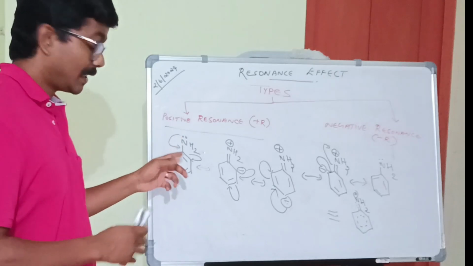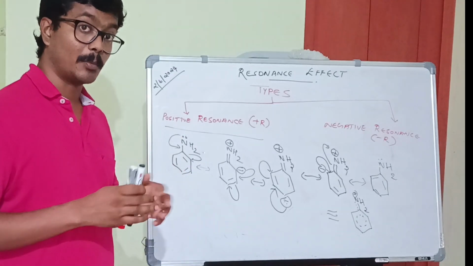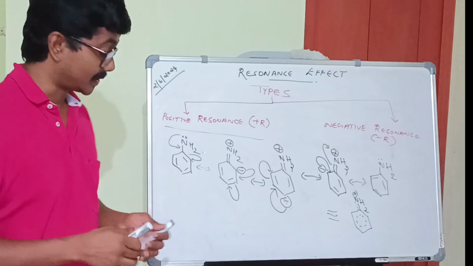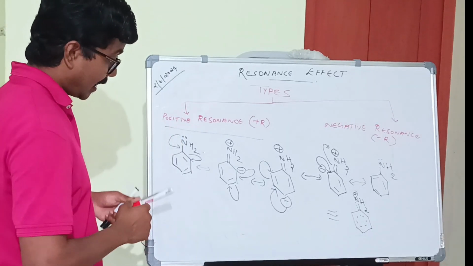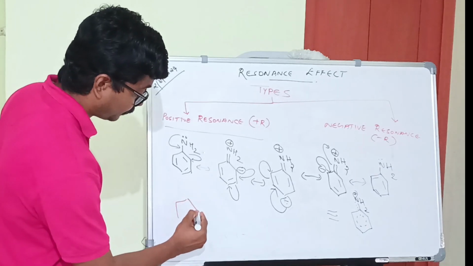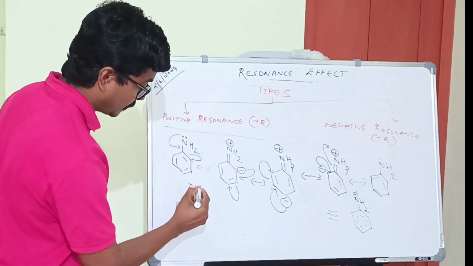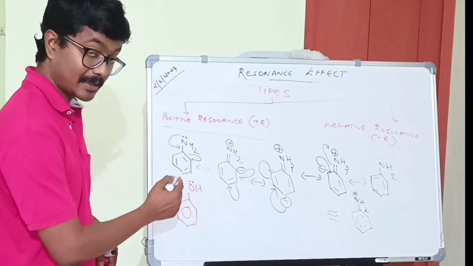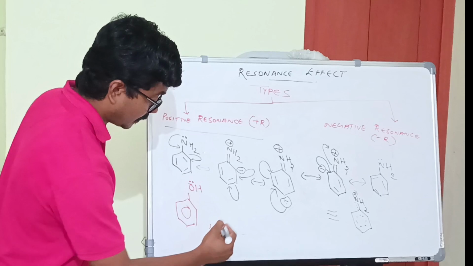As a result of that, the electron density of the benzene ring, the aromatic group or the conjugated system will increase. Like aniline, another compound is OH. The oxygen is carrying a lone pair of electrons, right?